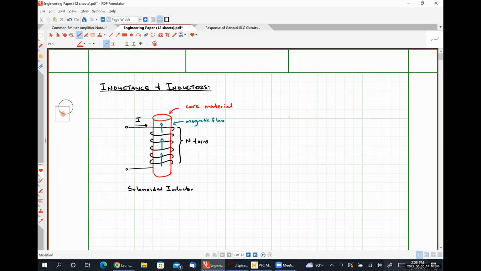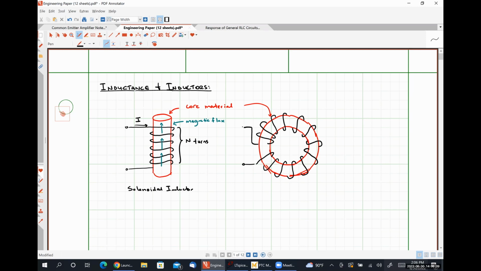For a toroidal inductor, that's effectively, bear with me because this one is a little bit harder to draw, a donut, where we wrap a wire around said donut, like so.